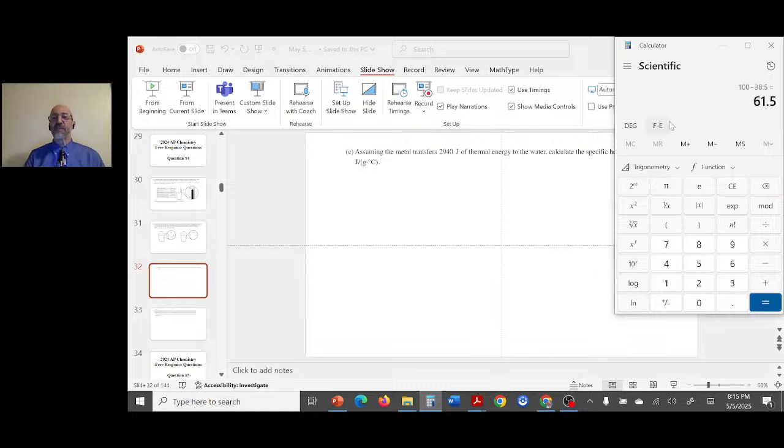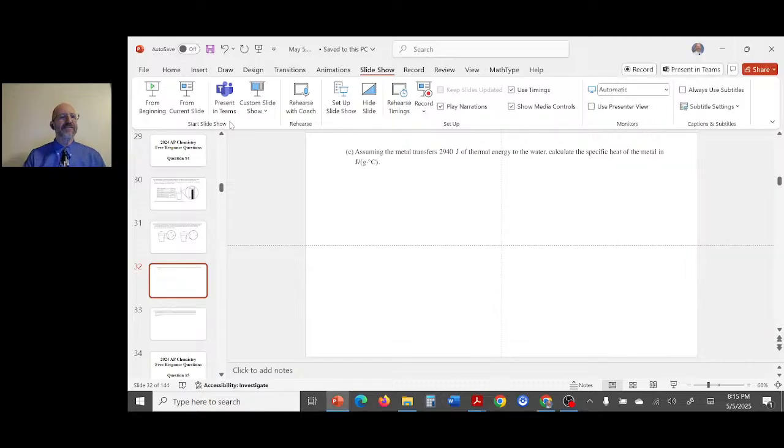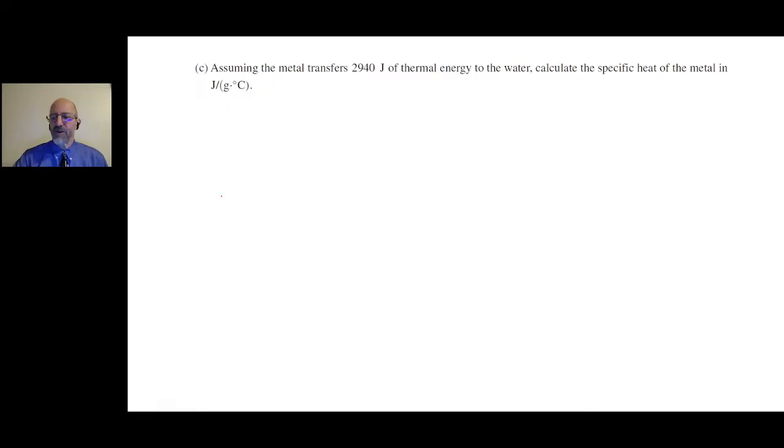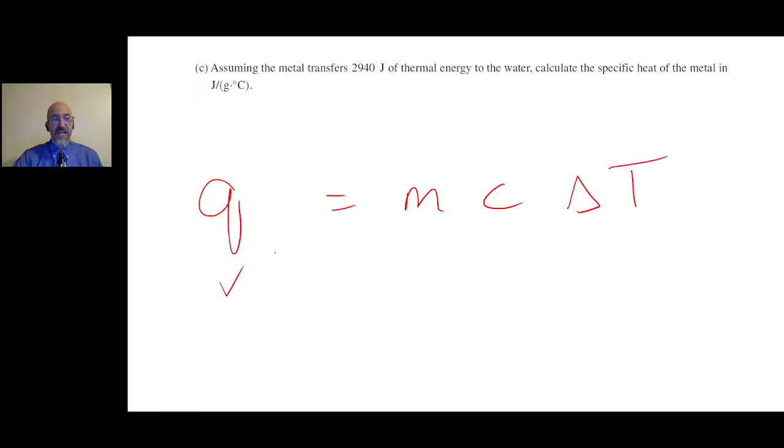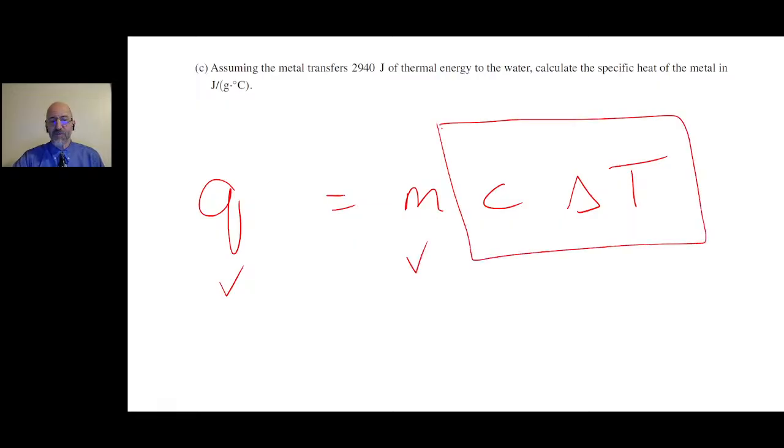So look at that inverse relationship. And what do I mean when I say inverse relationship? If you have Q equals mc delta T, this didn't change in the two experiments, and this didn't change in the two experiments. So here is the inverse relationship.